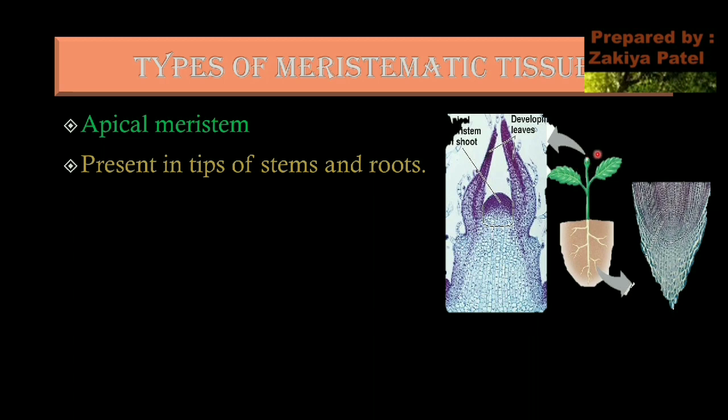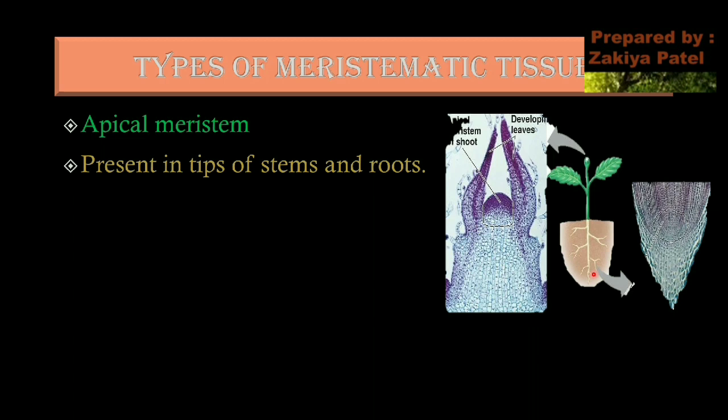Tips means the very beginning point, the very top point. It is present in the tips of stems and tips of roots. Dear students, please remember this: apical meristem is present in the tips of stems and tips of roots.